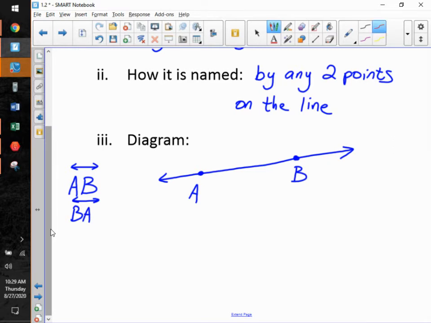So if I were to switch to red and say, okay, right about there, there's a third point that I'm going to call point C. Well, now we've got 3 that are located there. And guess what? There's another point out here somewhere, and we'll call that one point D. And there's another point over here somewhere called E. And we could sit here all day long and continue to identify and name other points that are on this same line right here.